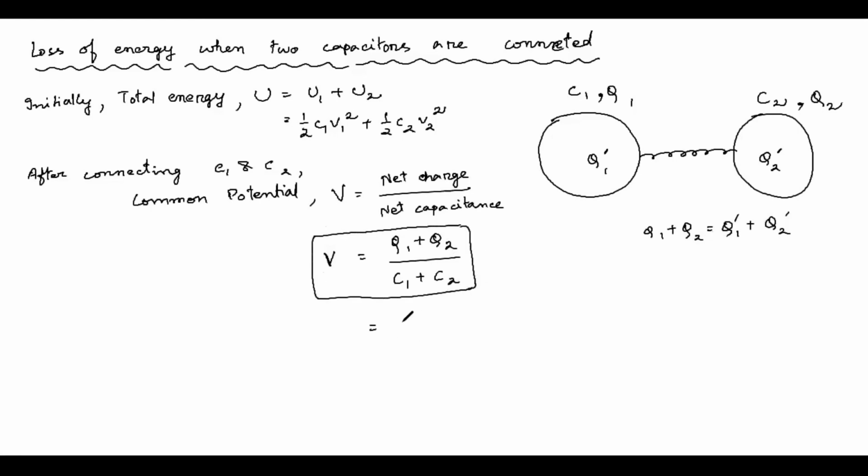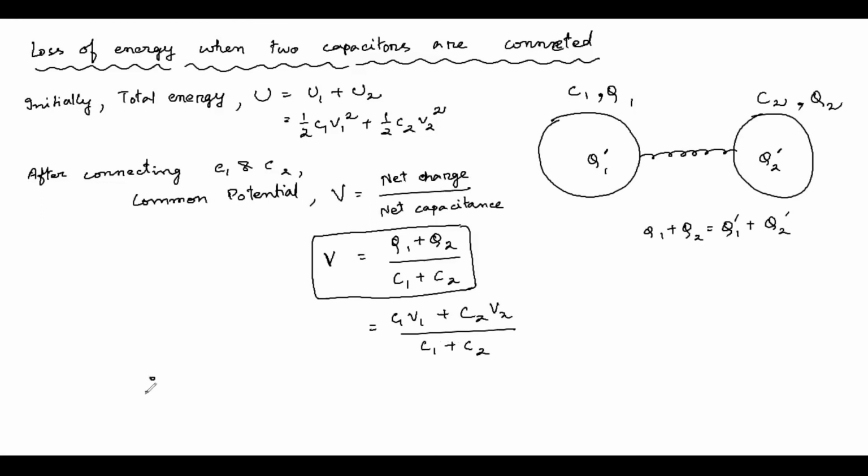Now you can replace this Q1 and Q2 value. Q1 is nothing but C1V1, and Q2 is nothing but C2V2, isn't it? Divided by C1 plus C2. This was the charge Q1 before connection, and this is the charge Q2.